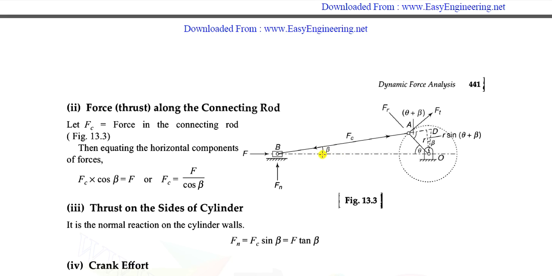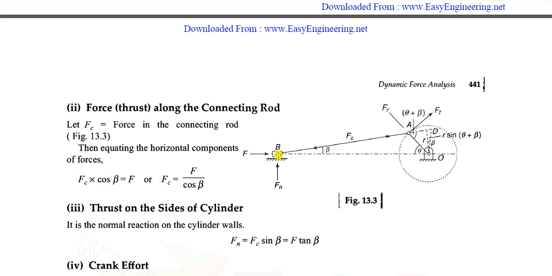This diagram, you already know: this is the beta angle made by the connecting rod, and this is the crank rotated through theta angle from the horizontal position in the clockwise direction. The second force is the force along the connecting rod, Fc. If it is F, it is Fc, and this is beta, then you can write Fc cos beta.